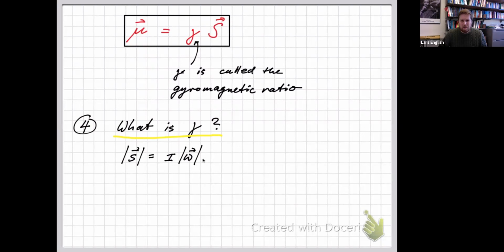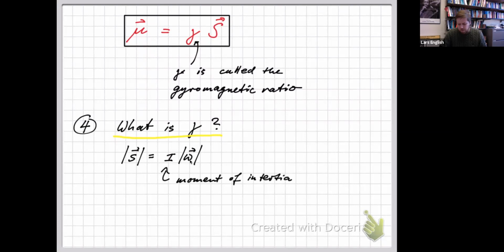And there, one way we could do it is to remember that the angular momentum is I times omega, where I here is the moment of inertia. That's another basic introductory physics formula. I times omega is equal to L, but here the angular momentum comes in the form of spin. So S is equal to I times omega.